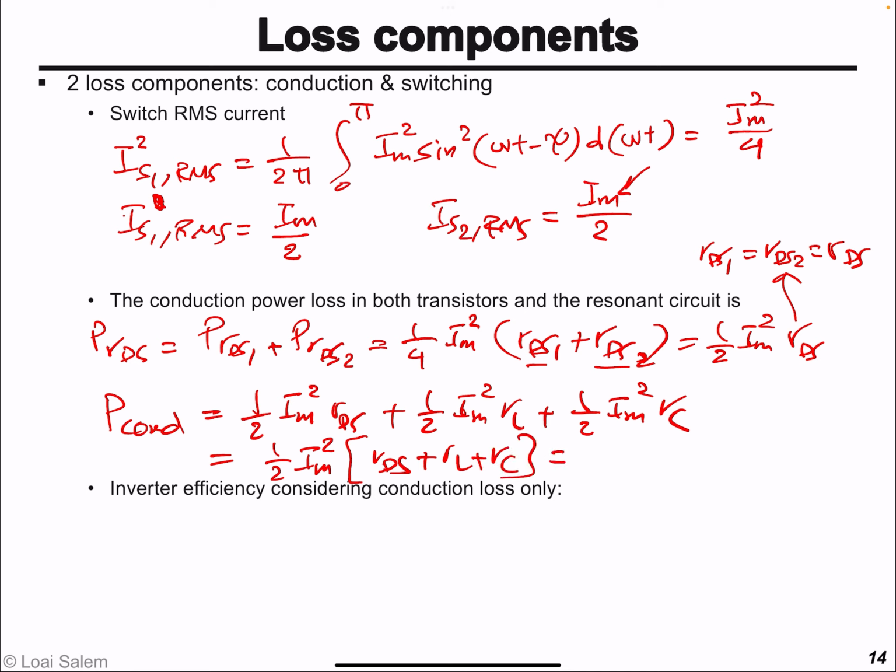And in a previous video, we defined the sum of these three resistors as R small. So it's equal to 1 over 2 Im square times R small.